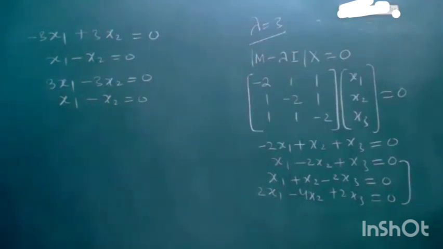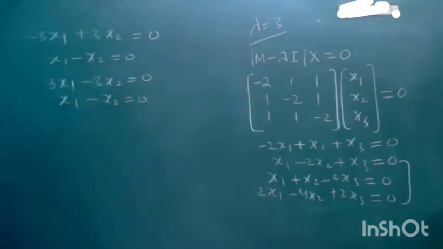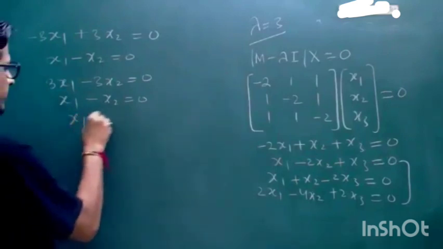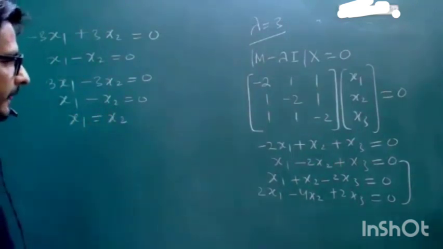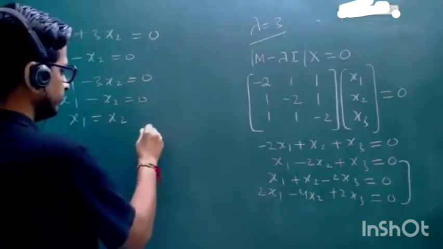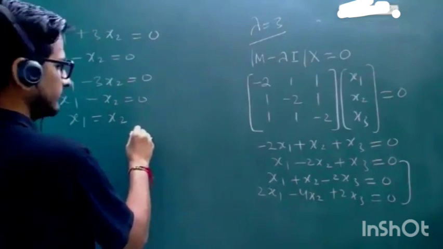And what about the third equation? Removing x3 from there gives you the same two equations. So x1 is equal to x2, that is for sure. And then what is x3? x1 is equal to x2 is equal to x3.